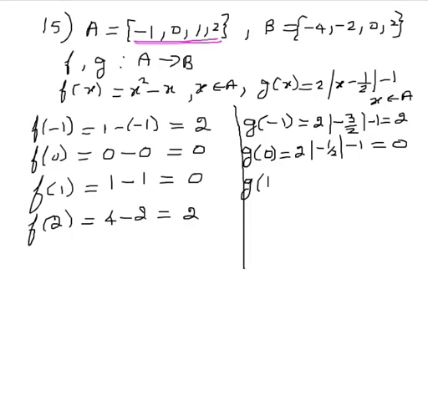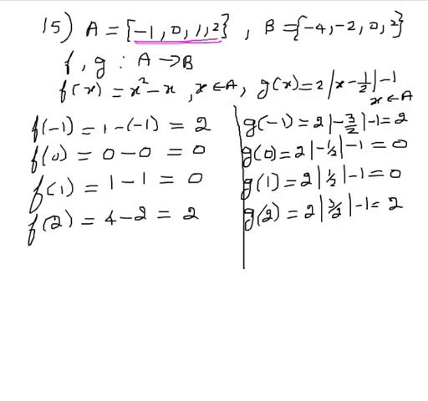Then for the third element, g(1): 2 times |1 - 1/2| is 1, so 1 minus 1, 0. Then for g(2): 2 times |2 - 1/2|, 3/2 times 2 is 3, minus 1, so 3 minus 1 is 2.